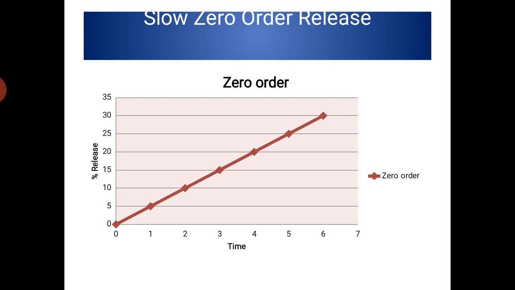Thus, to attain a steady state plasma drug concentration, we required minimum 4.5 or 4.3 half-lives for a drug molecule to achieve 95% steady state concentration, and we required around 7 to 9 half-lives for attaining 99% steady state concentration.